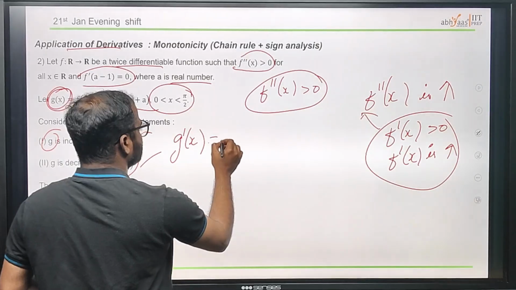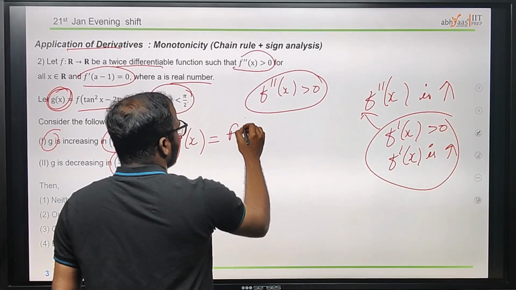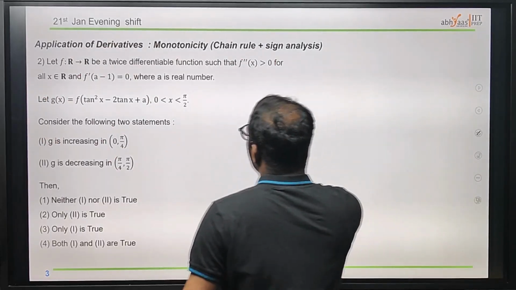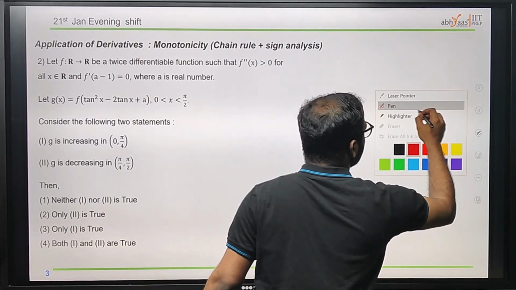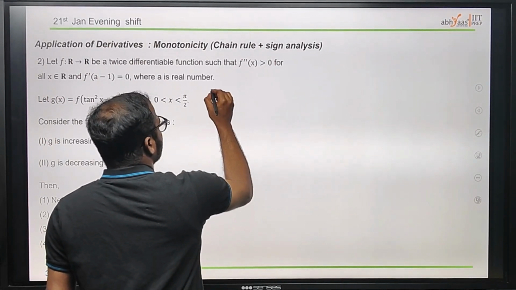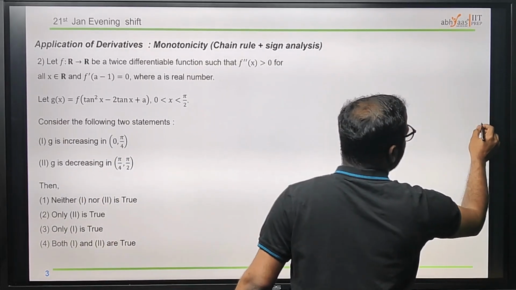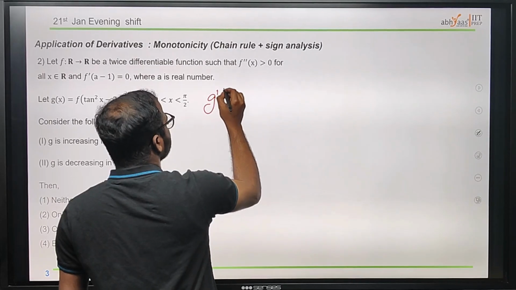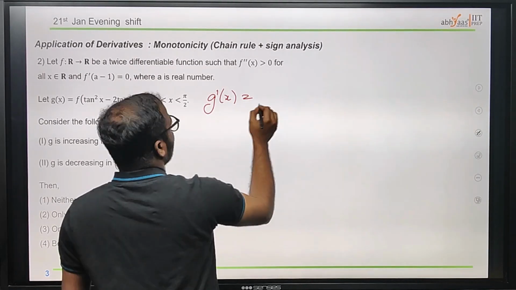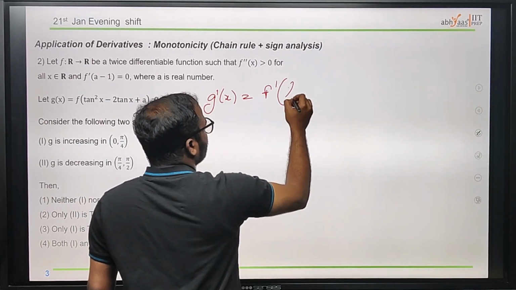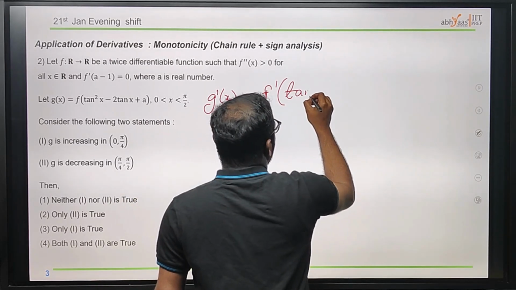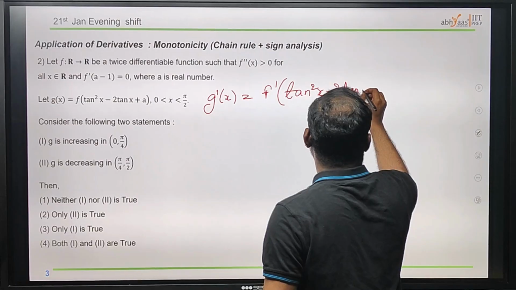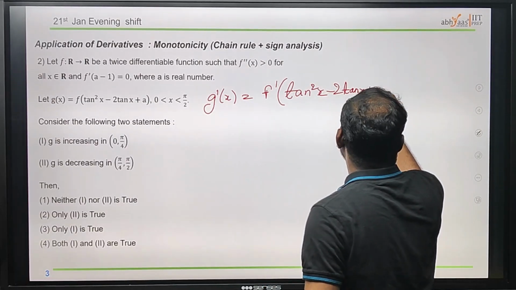Let me clear all these things. We have g dash of x is equal to f dash of tan square x minus 2 tan x plus a.